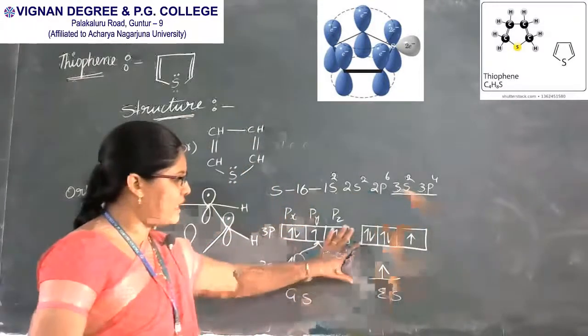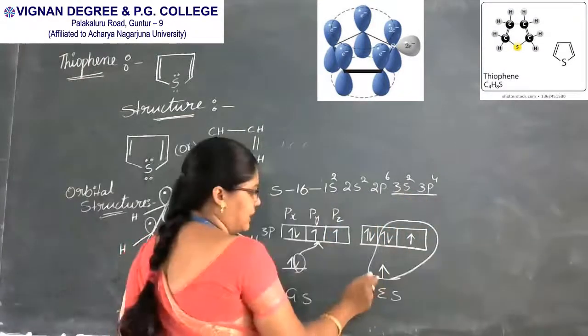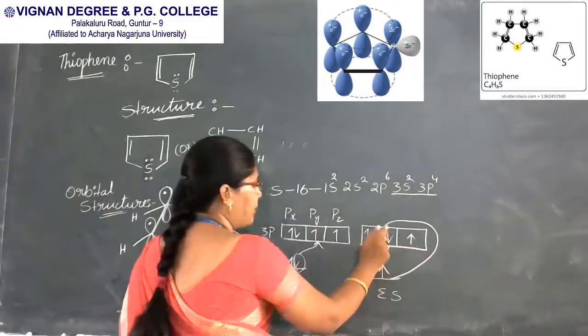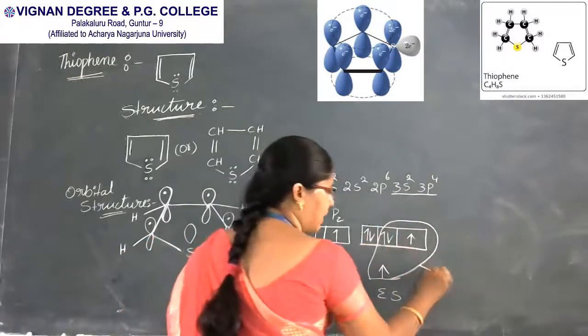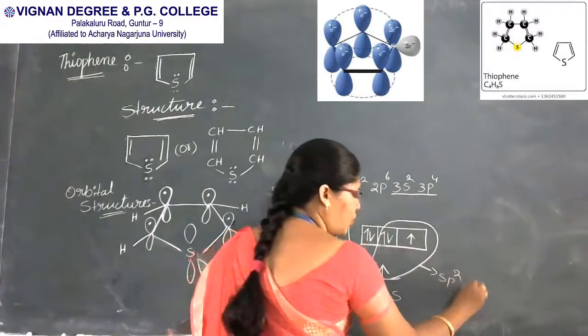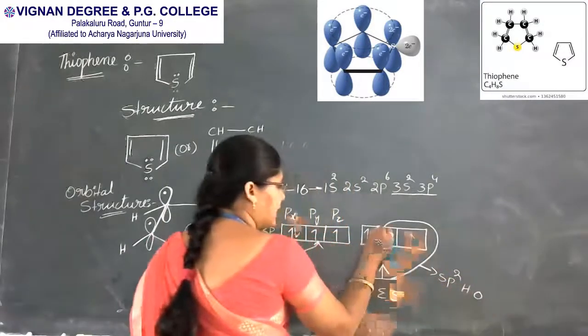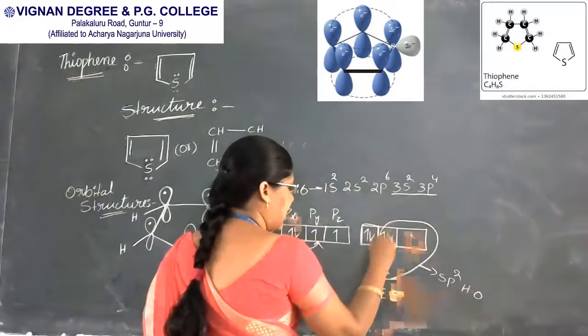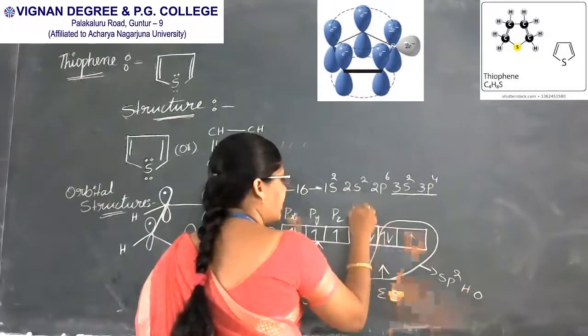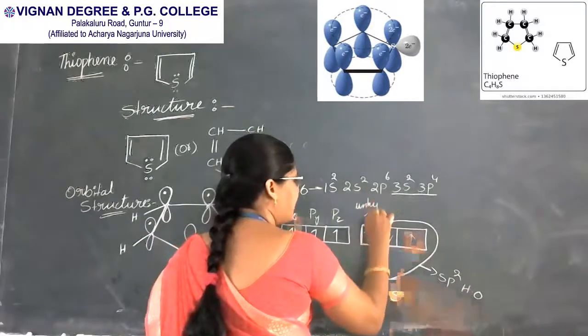Out of these orbitals, the 3s, py, and pz orbitals are involved in sp2 hybridization, and the px orbital is the unhybridized p orbital.